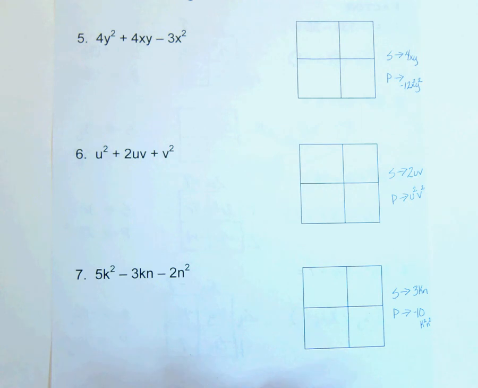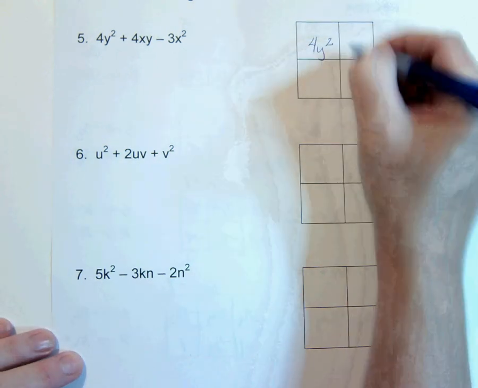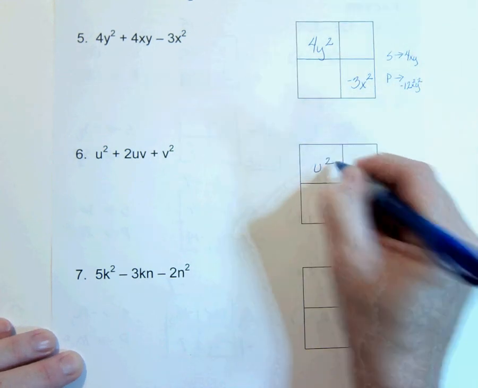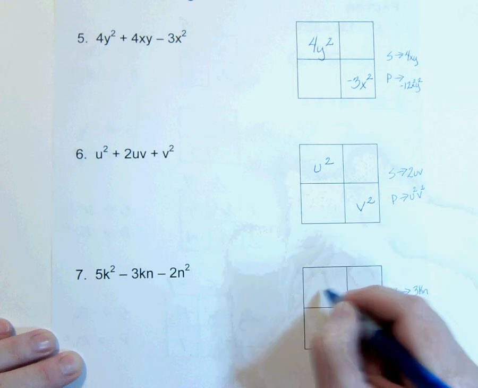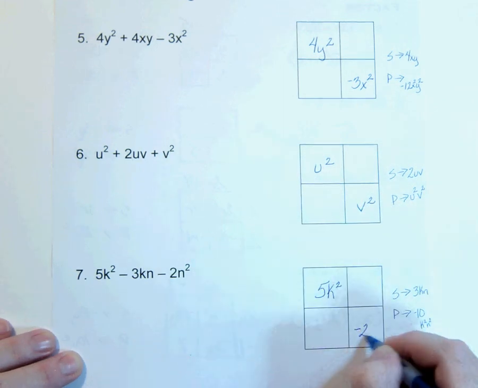Okay, so let's try some of these. Again, I've put out to the side what the sums and products would have to be. So filling in where everything needs to go first might be helpful. So let's do that. You've got your 4y squared in this one and your -3x squared in that one. U squared goes here, v squared goes there. 5k squared, -2n squared.